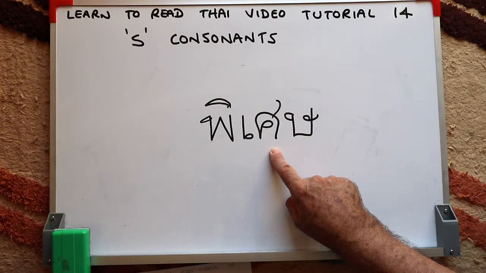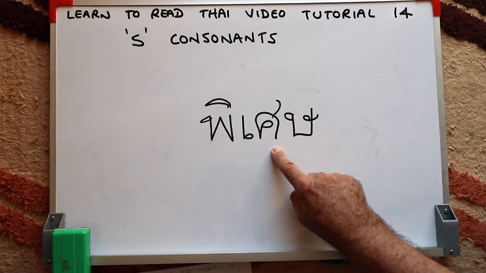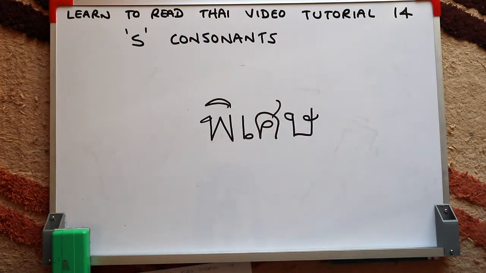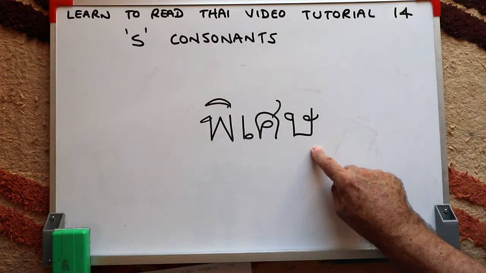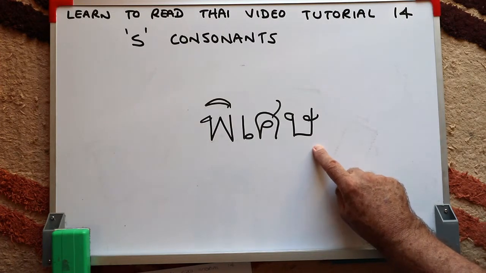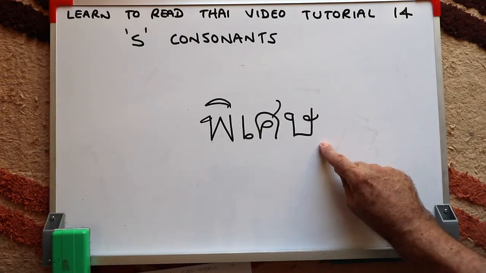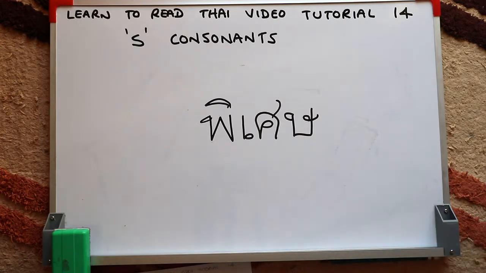We have one of the high class S consonants, the Sara A, which in this word just makes an E sound. And then our final consonant is the other high class S consonant, but because it's a final consonant, it makes a T sound. So I'll get Pom to say that for you. พิเศษ พิเศษ พิเศษ That's a Thai word for special.